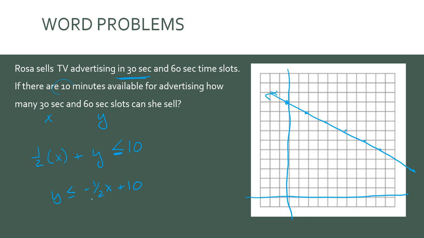And it says y is less than or equal to. So let's pick our 0, 0. If I plug that in, 0 is less than or equal to 10. That is true, so I need to shade this way. So any ordered pair in here is going to give me a possible combination of 30-second and 60-second time slots.